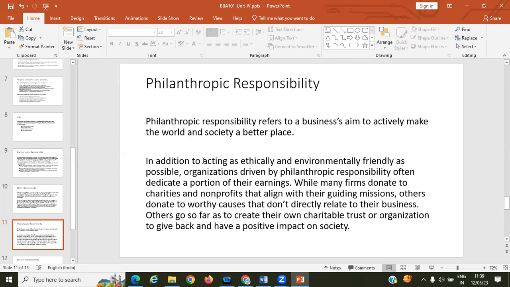So you are spending something. That is the philanthropic responsibility. You are responsible for the weaker section of the society.